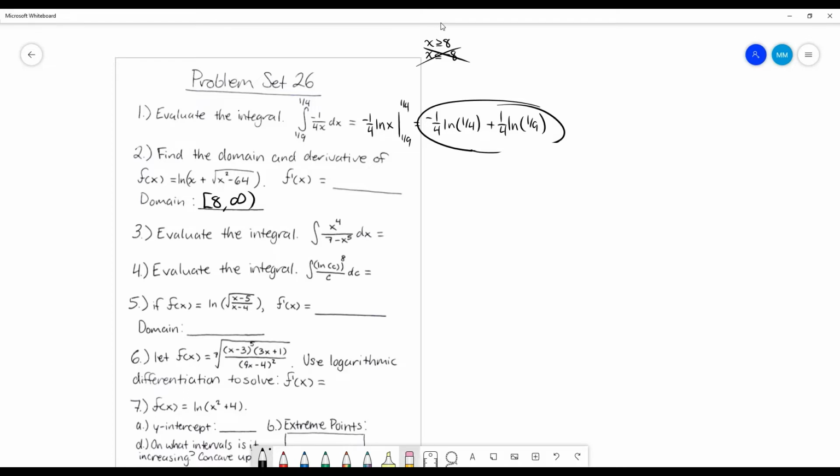Now we also want to find the derivative of this function, which we very well could have done first. But remember that the derivative, I'm first going to write the derivative of a logarithm, just any log. So the derivative of a log is going to be the derivative of its interior divided by the interior times the natural log of its base, which means that the derivative of a natural log, which is a log with a base of e, is going to be whatever the derivative of the inside is, divided by the inside times the natural log of e, which is just 1.